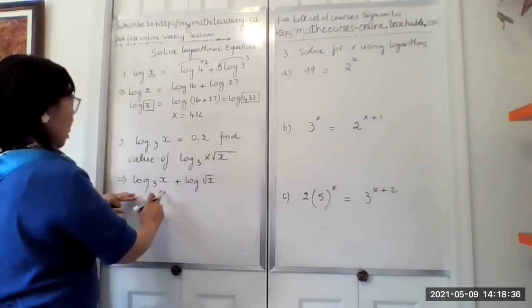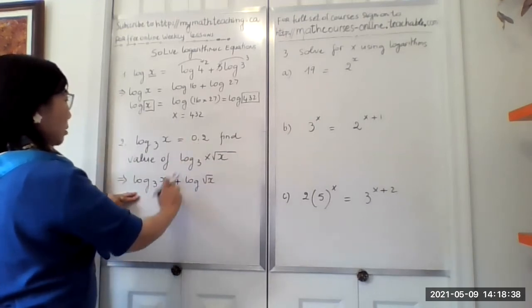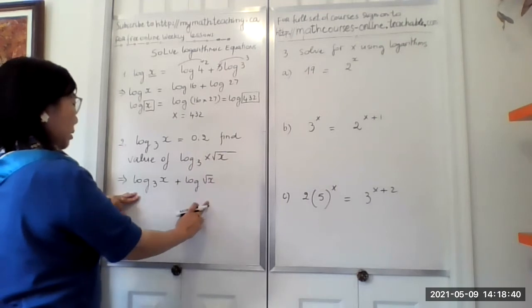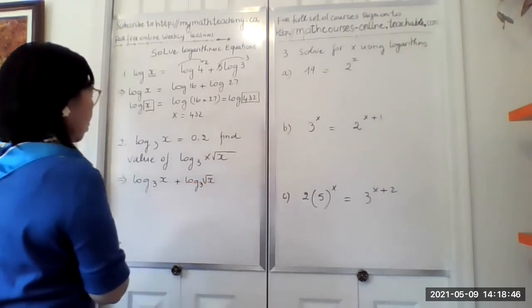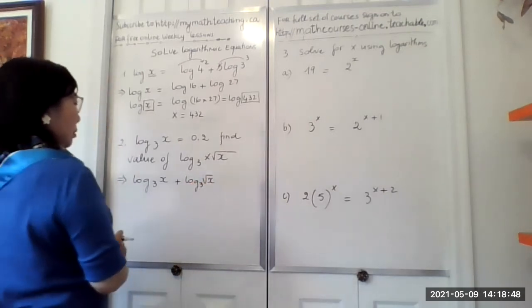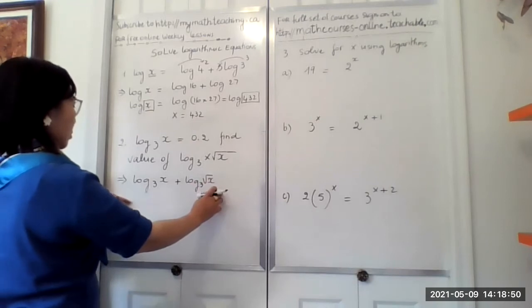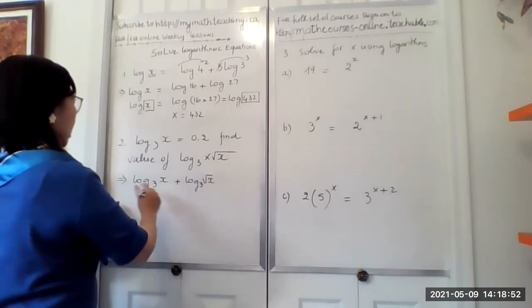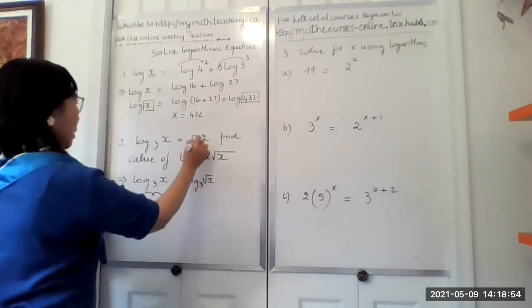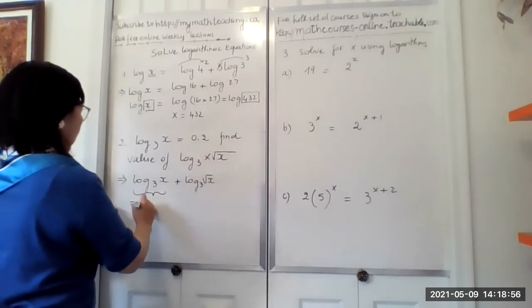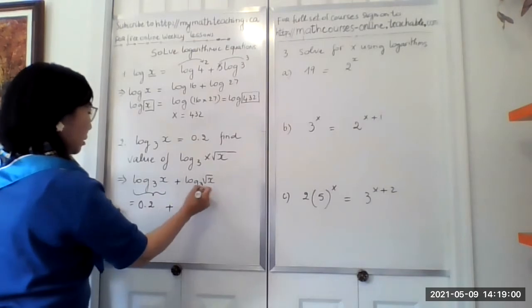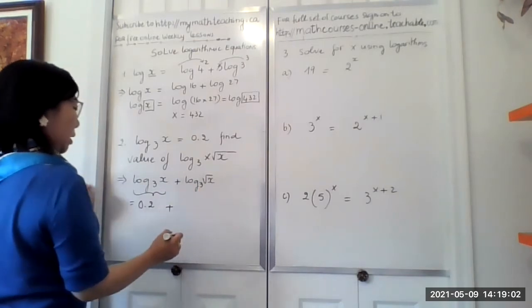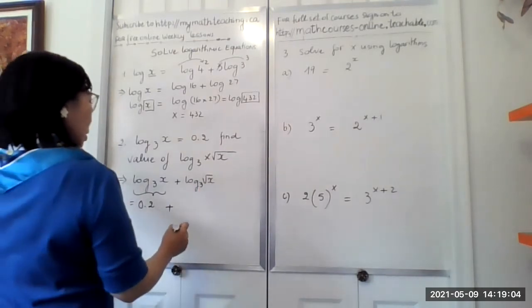We can substitute, this equals 0.2 adding with, now I forget, this should be base 3.